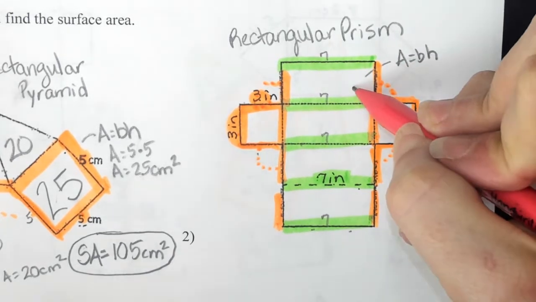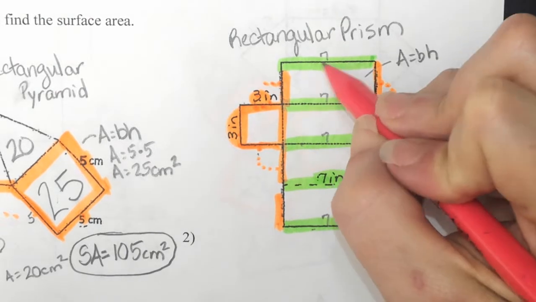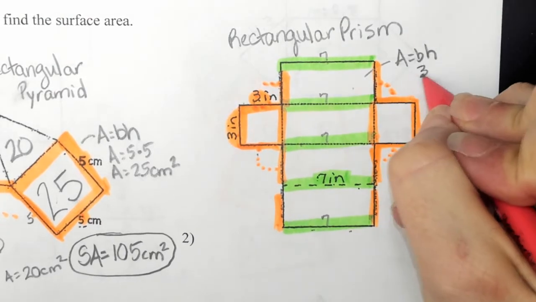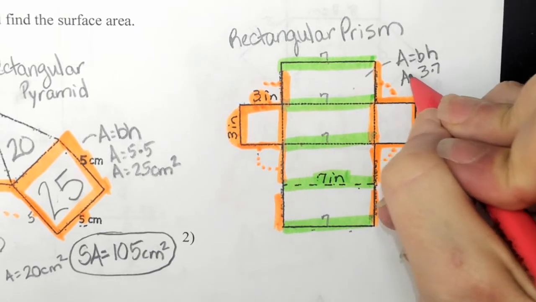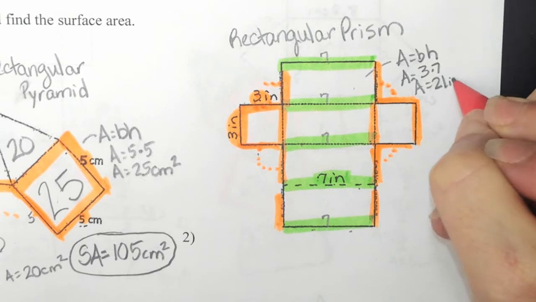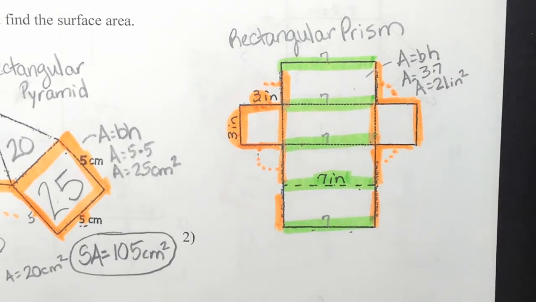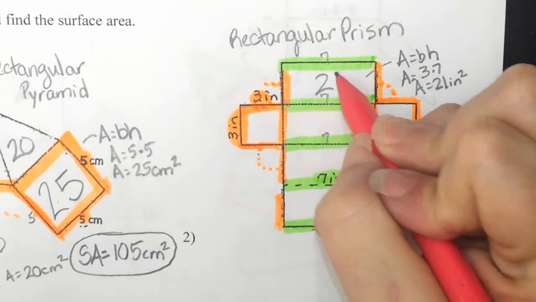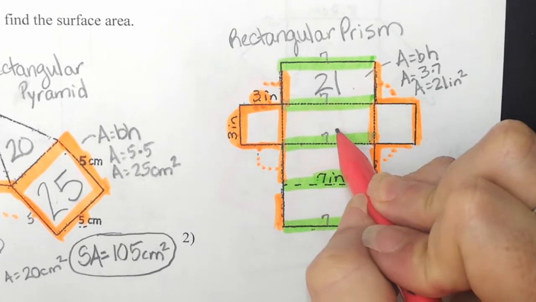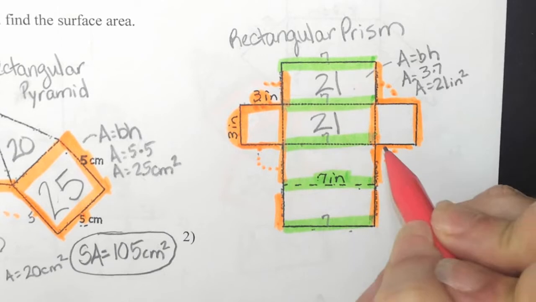Okay, so this first box is what I call orange and green. It is 3 and 7. So, luckily I see orange and green as 21. I kind of look at the next box. It's orange and green.